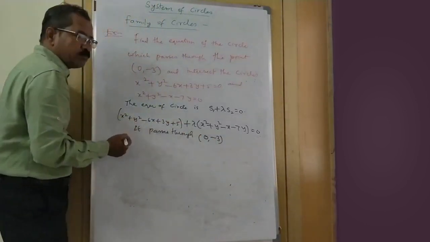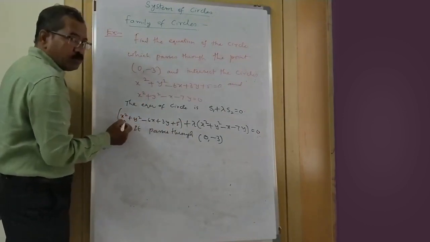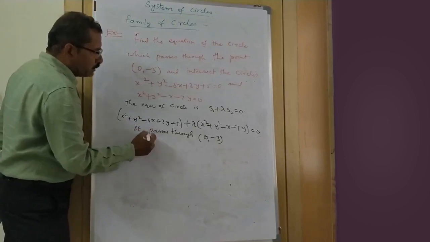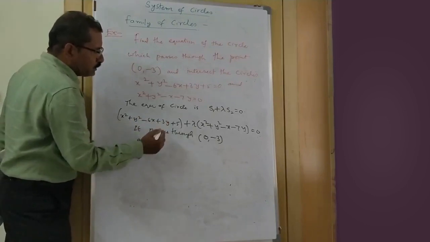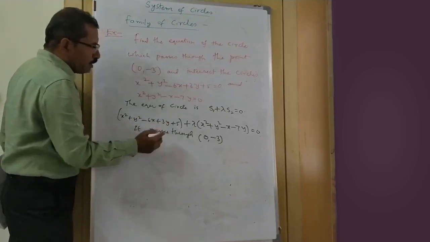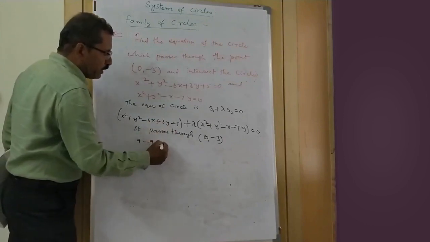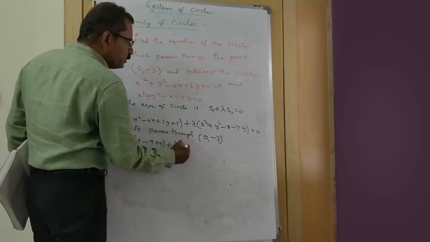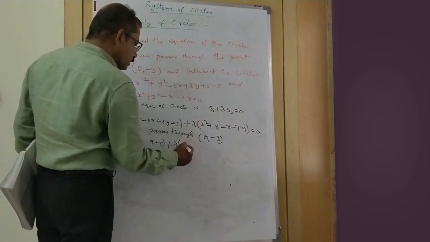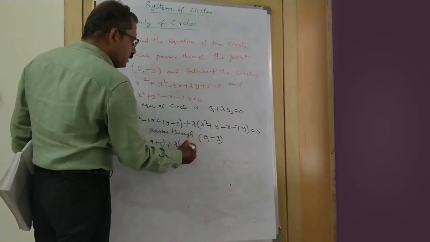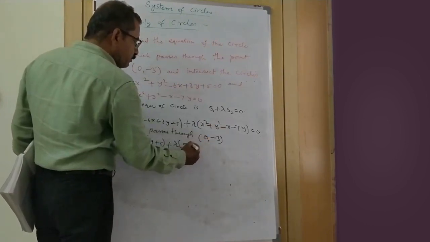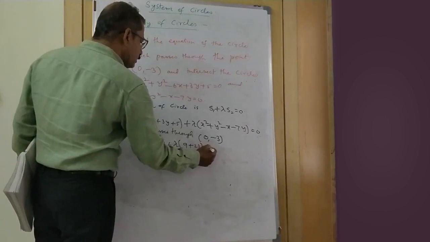You substitute here, x is 0, y² is 9, minus 6 into 0, plus 3 times -3 is -9, plus 5, plus lambda into (9 - 0 - 7 into -3, which is plus 21) = 0.